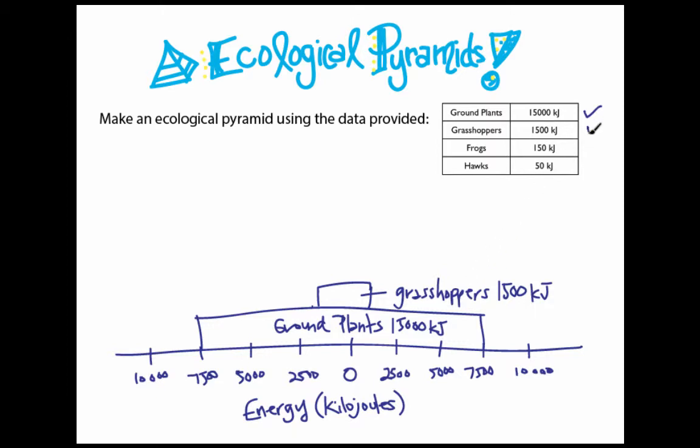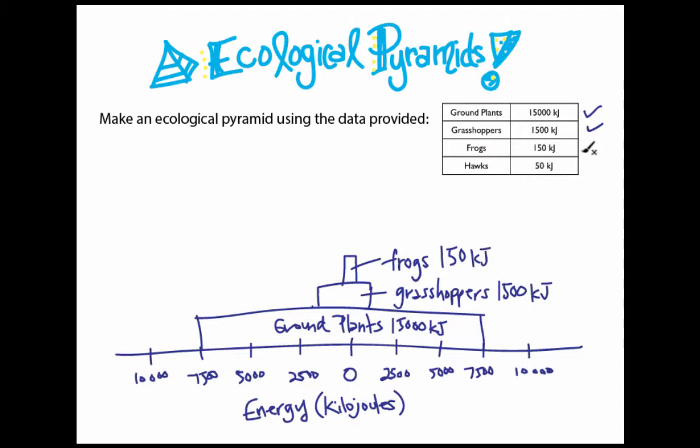Then the next thing, we've got frogs, so that's 150 kilojoules. That means you need to be able to illustrate 75 on one side and 75 on the other. So I'm just going to make it like that. There we've got our frogs, and that's 150 kilojoules.